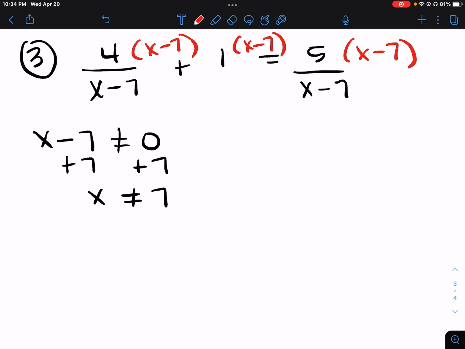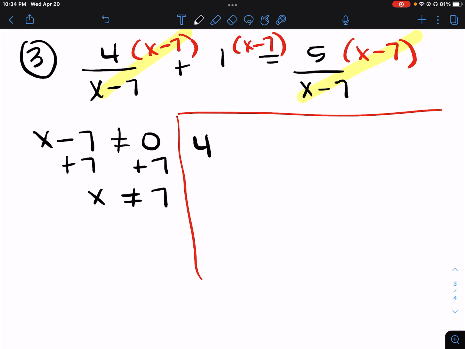Okay, on that far left, that makes them cancel. On the far right, that cancels. So we get just the 4 there. In the middle, we need to multiply 1 times x minus 7.